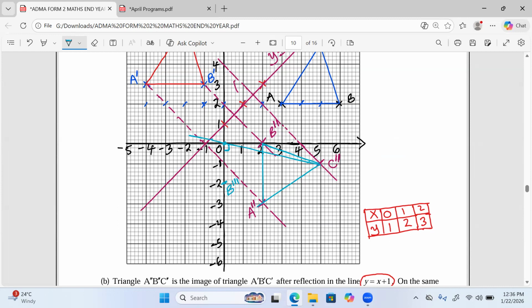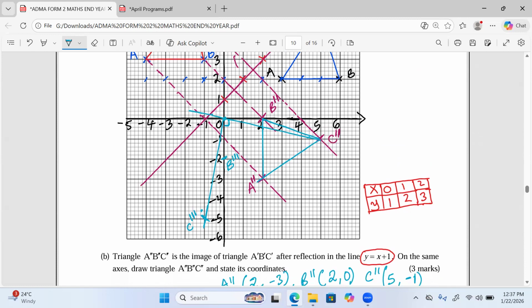I measure 90 degrees in the clockwise direction. Then I move an equal distance. So I'll be able to notice that an equal distance will take me to this point. This point now becomes C triple prime.